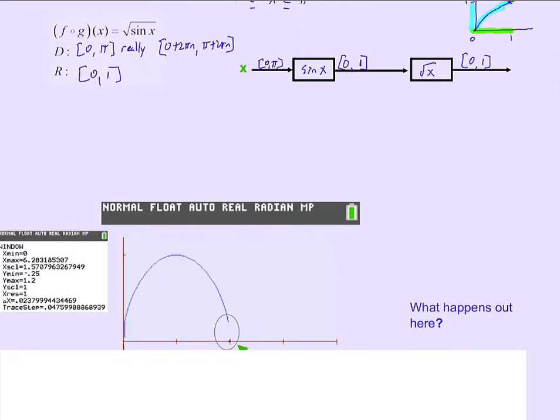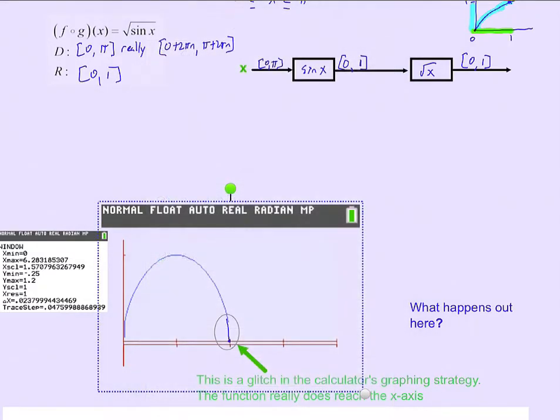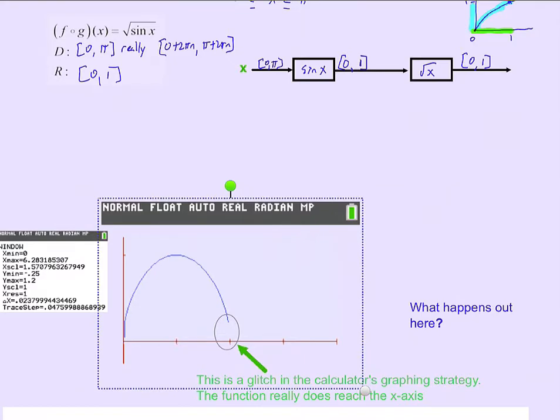So you should be able to get all the way up to here. This is a bit of a glitch. The truth is that the graph really does go all the way to the x-axis there. Actually, it's a little bit glitchy on the other side too. It goes all the way to the x-axis there also. A little bit of a problem with the way the calculator does it.